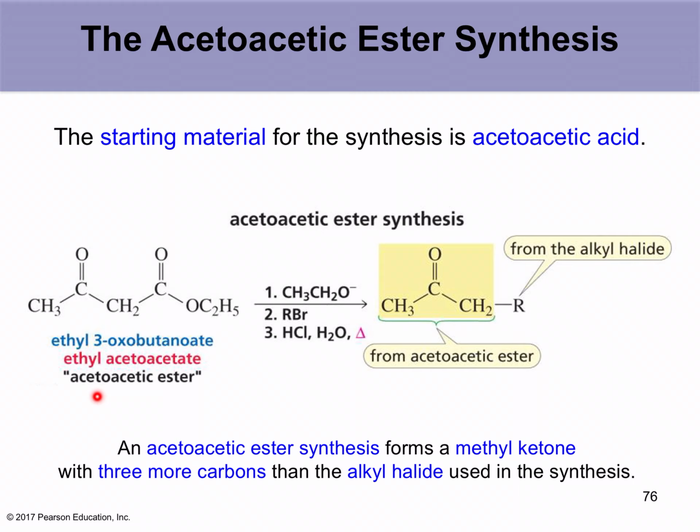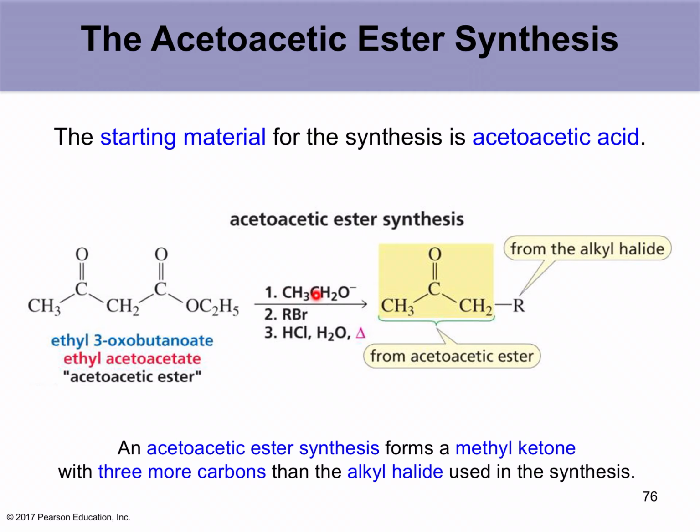Now, what are we going to get in the acetoacetic ester? At the very end, you are making a ketone with an additional alkyl group coming from the alkyl halide. The process is pretty much similar to the malonic ester synthesis.